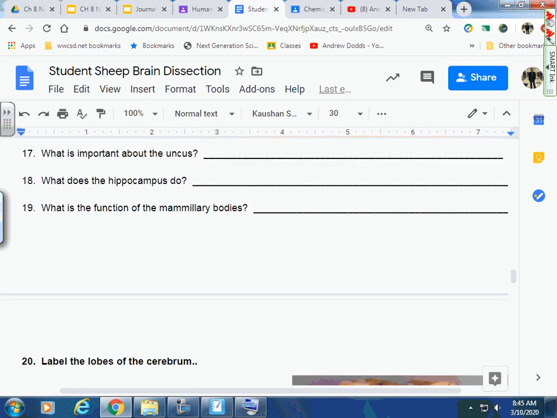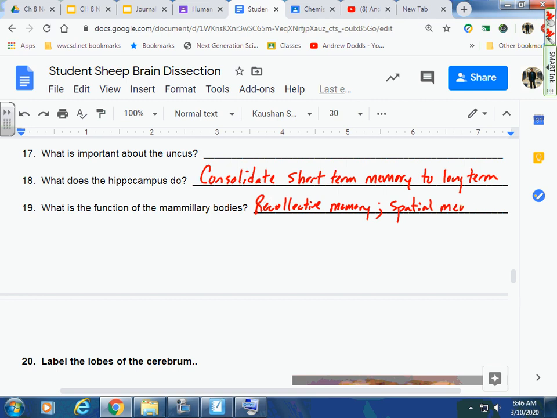Okay, so the hippocampus can consolidate short-term memory to long-term memory storage. And mammillary bodies are involved with also memory, recollective memory, bringing things back, recall, and spatial memory as well.